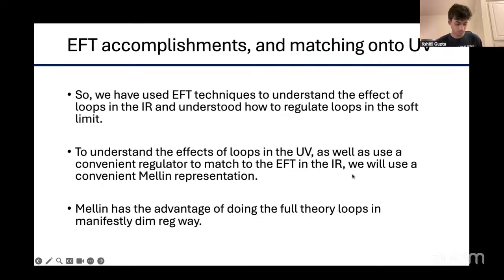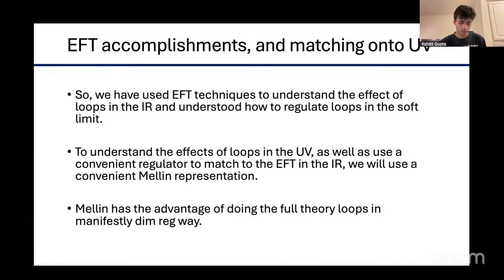Great. So we have used the EFT techniques to understand the effects of loops in the IR and how to regulate loops in the soft limit. I wanted to also talk about the effects of loops in the UV and how we can use the Mellin representation to regulate loops in the full theory. But I think in the interest of time, maybe I will skip that.